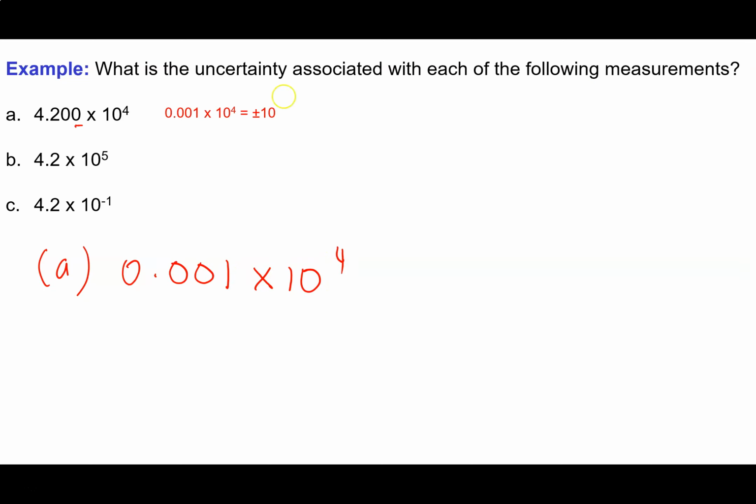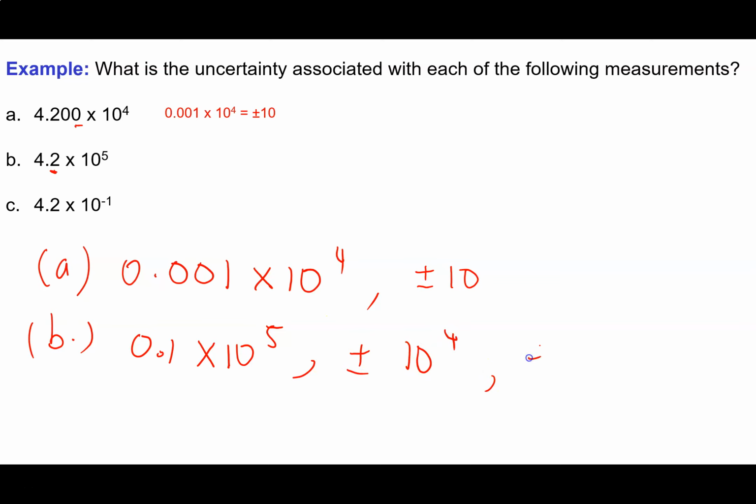And if you multiply that out, that ends up being plus or minus 10. In the next one, here's our last digit, 0.1 times 10 to the 5, and if you multiply that out, that would be plus or minus 10 to the 4, or you could say plus or minus 10,000. Okay, is that the answer there?